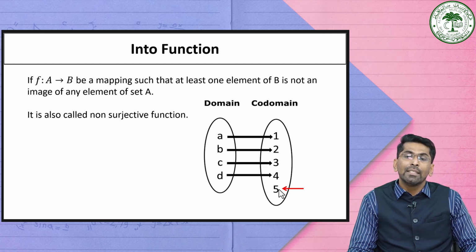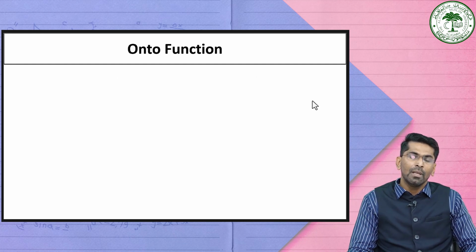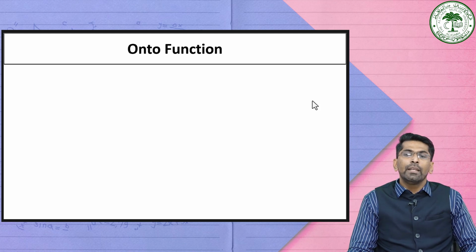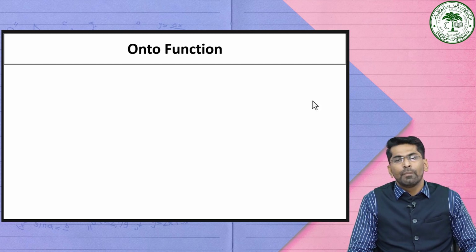So there exists an element in the codomain that is not mapped to any element in the domain. So, this function is called an into function. Where at least one element in the codomain, that is B, is not an image of any element of set A, such a function is known as an into function.